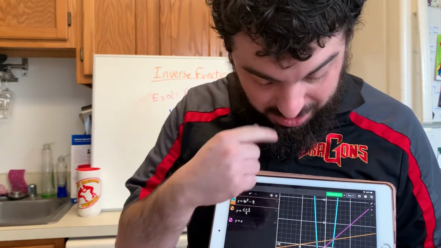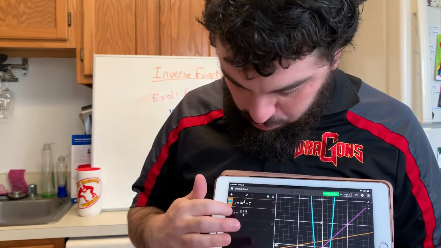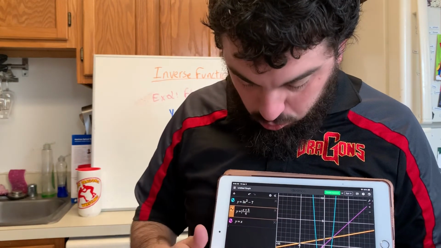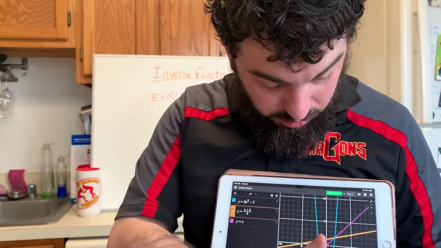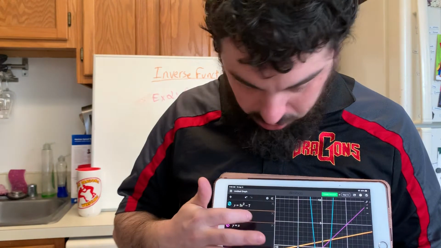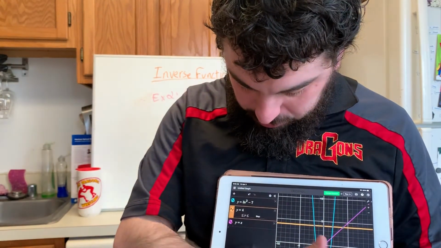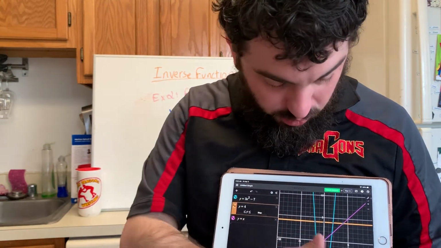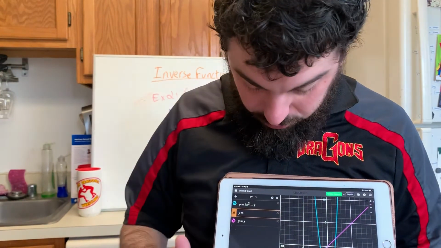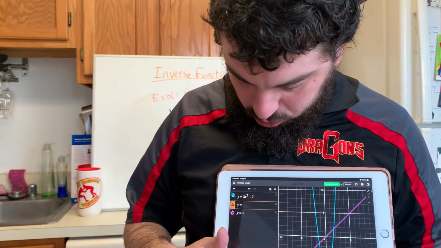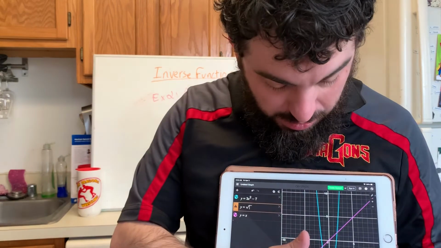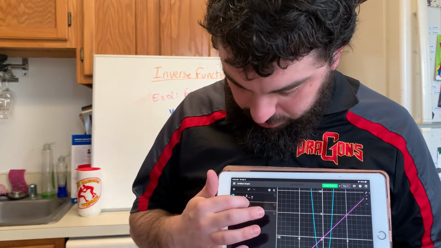So notice that is turning into that parabola. This one is going to be a little different looking, so let's delete all of this. I'm going to first do square root, then put the fraction inside there.